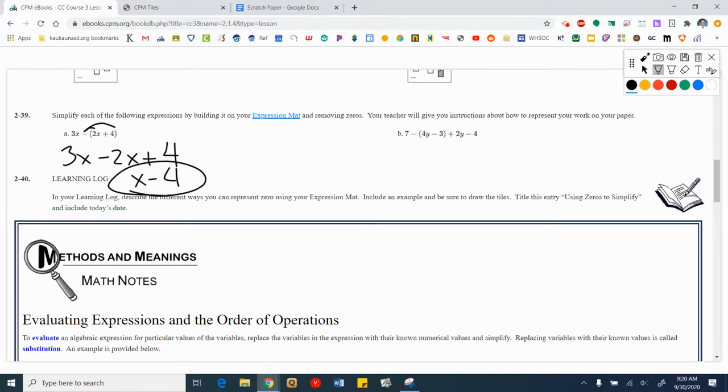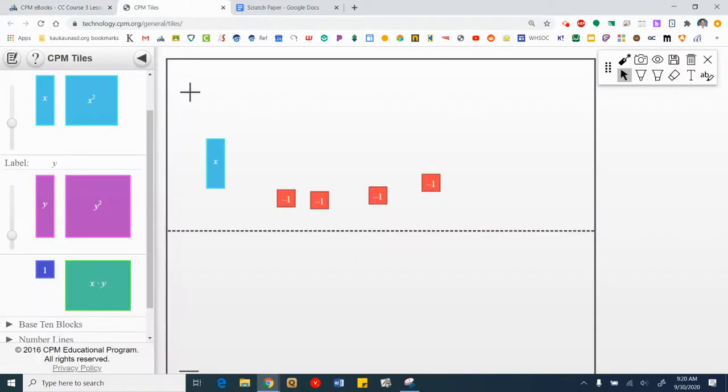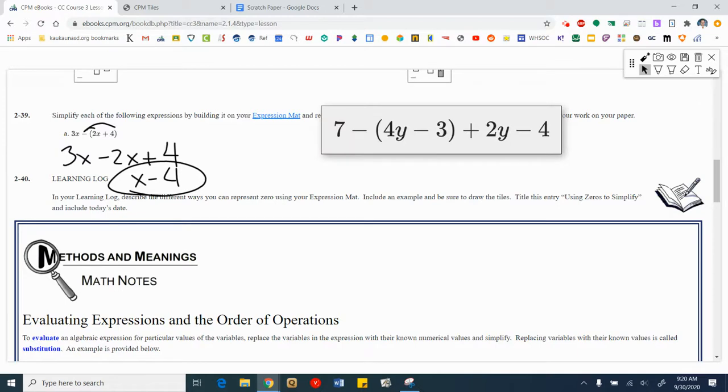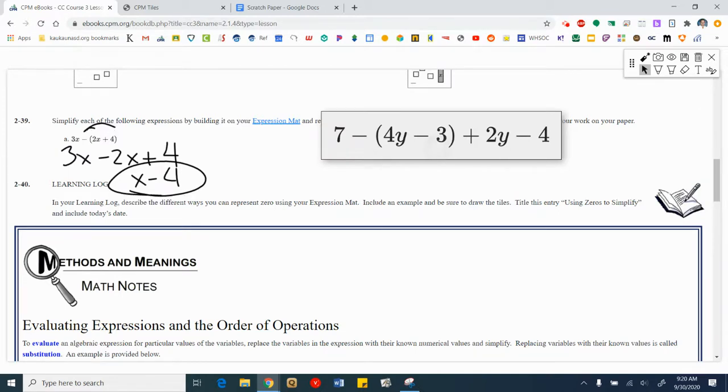239b. Let's use that same method here. So I have 7 minus 4y minus 3, minus a negative 3.